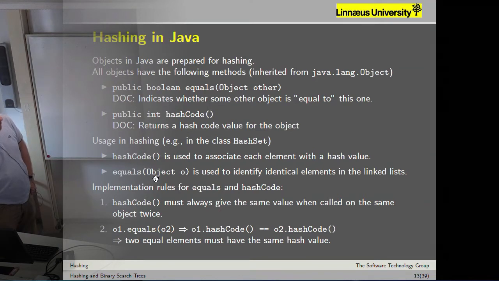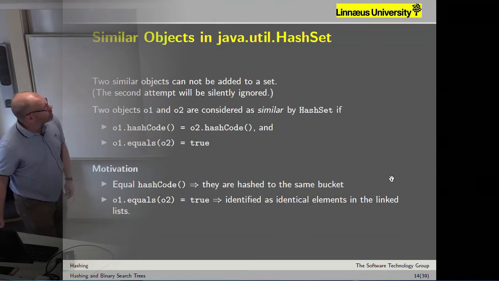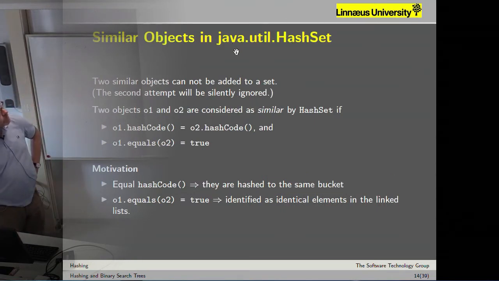So hashCode is used to associate each element with a hash value, and equals identifies identical elements in the linked list. So similar objects: if you would like to add something to the hash set, and you would like to make sure that we don't have any duplicate elements, we are saying that two objects can be considered as similar if they have the same hash code and they are equal according to equals.